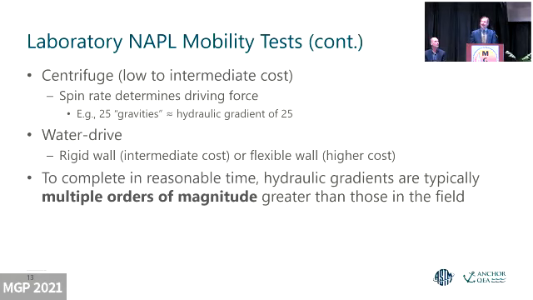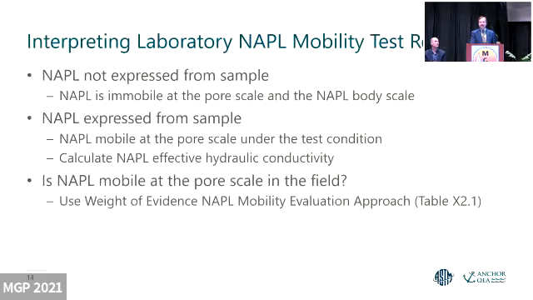But because the hydraulic gradients in the laboratory are much stronger than they are in the field, that creates an interesting scenario when you need to interpret the results, because ultimately you want to interpret whether the NAPL is mobile or immobile at the pore scale in the field, and whether or not the NAPL is stable or migrating at the body scale in the field. And the evaluation metrics guide provides weight of evidence approaches to evaluate the data to make those interpretations.